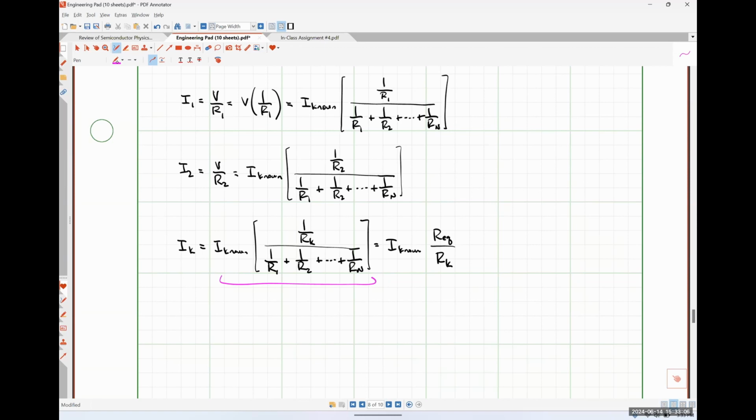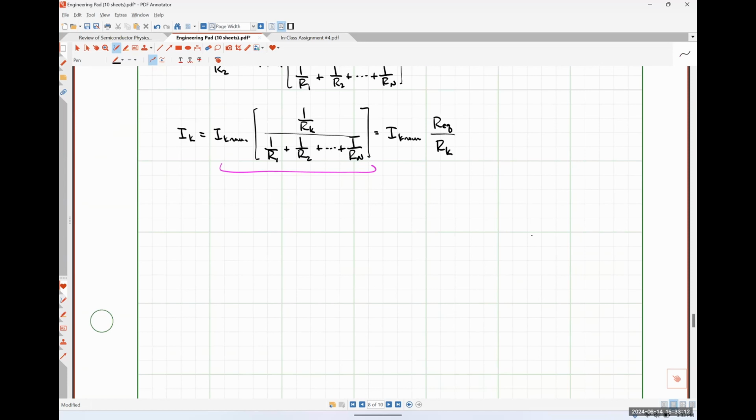All right, so let's apply this, and then we'll look at a couple of more complicated things as well. So let's do a simple application first. Let's say that we have a 3 amp current source.